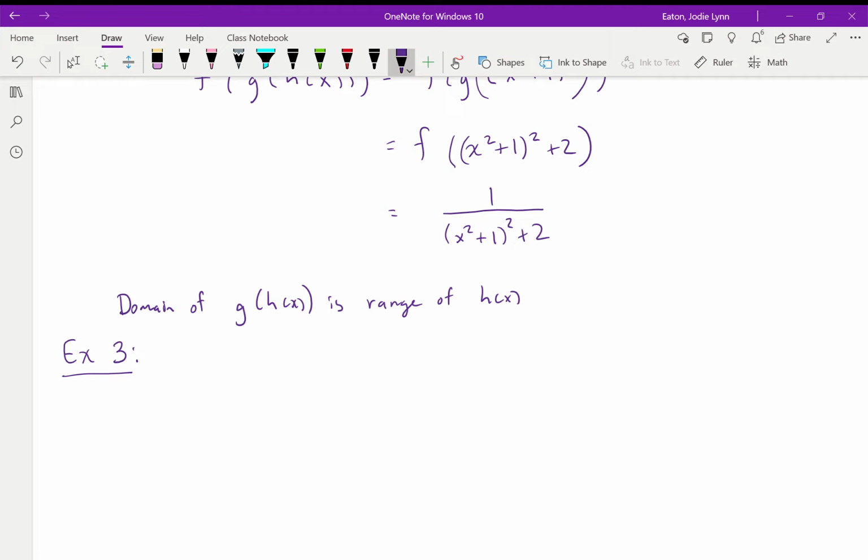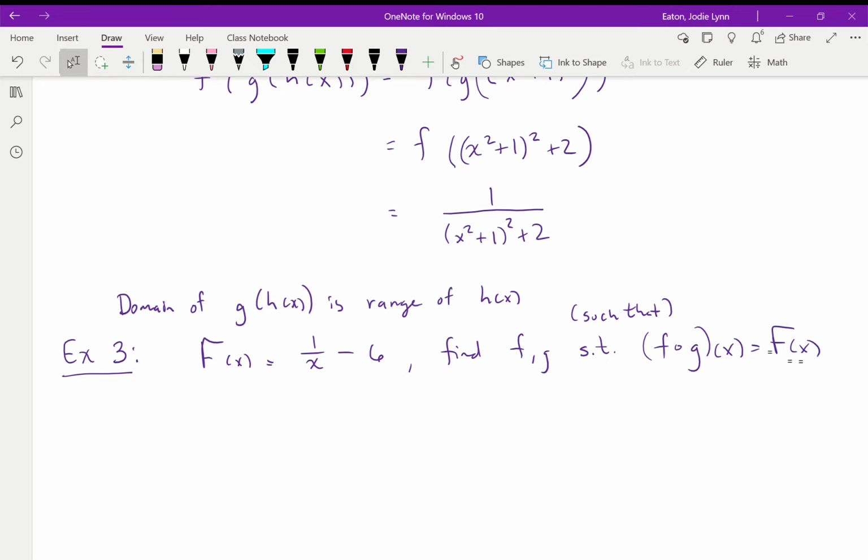And in this case, order really matters. So let's say we have f of x equals 1 over x minus 6. We want to find f and g such that, and this is such a nice little abbreviation that you will often see, find f and g such that f composed with g of x equals f of x.